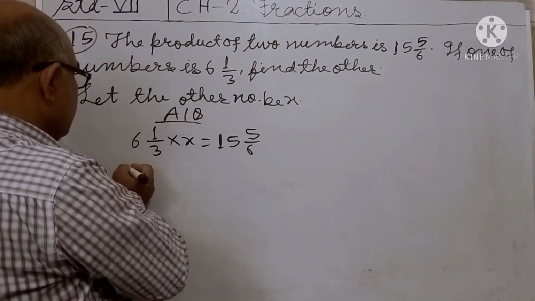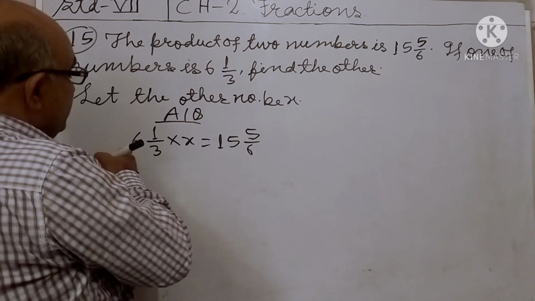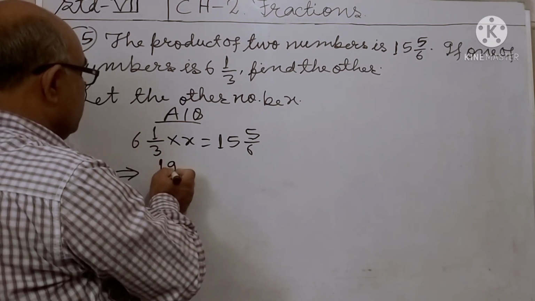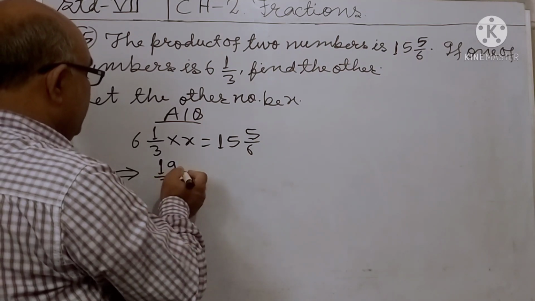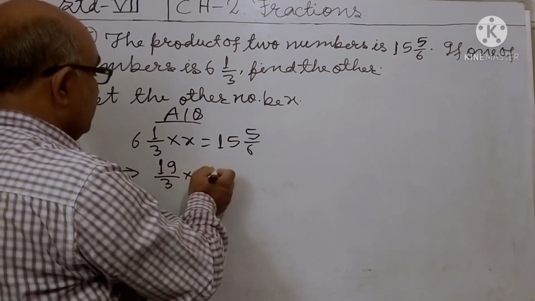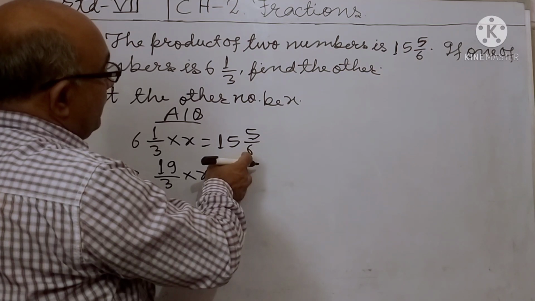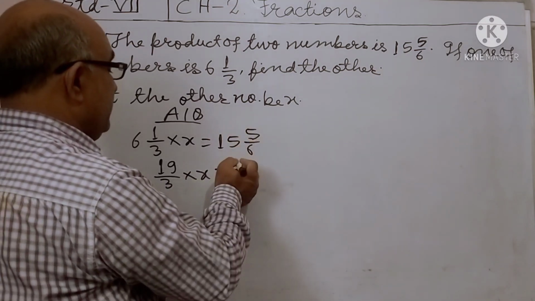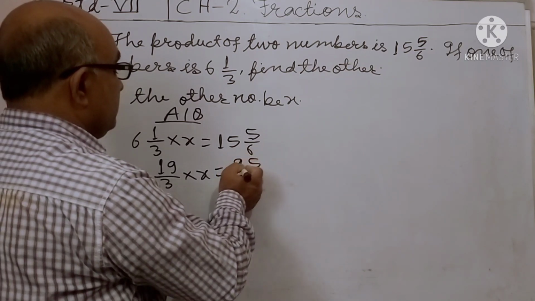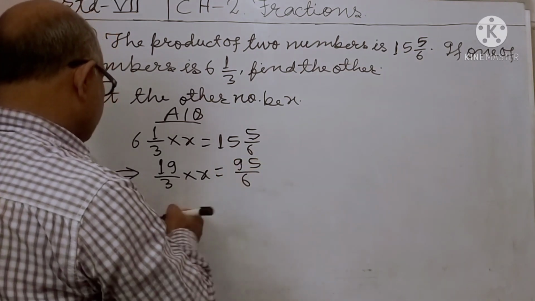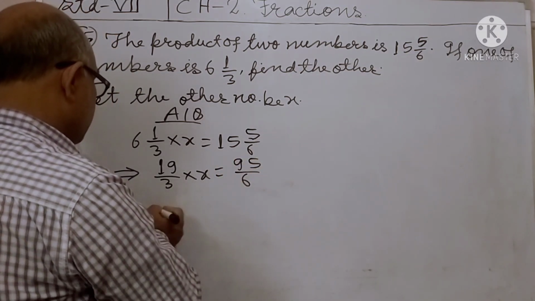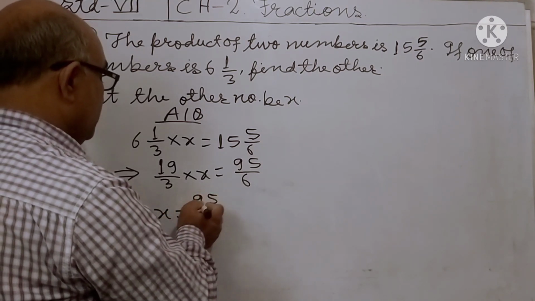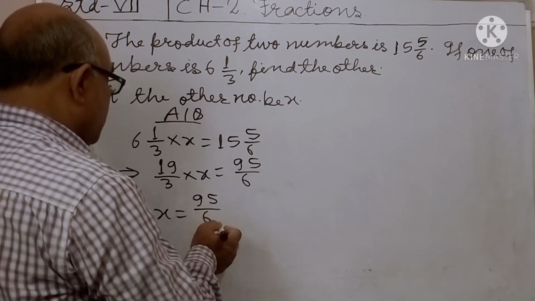That implies 6 times 3 is 18 plus 1, 19 by 3 into x equal to 15 times 6 is 90 plus 5, 95 by 6. That implies x equal to 95 by 6.